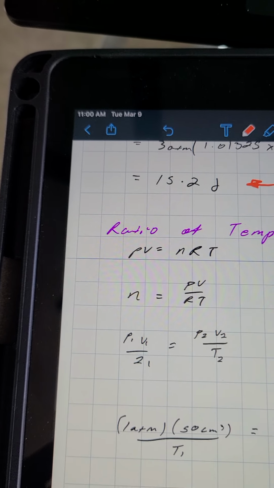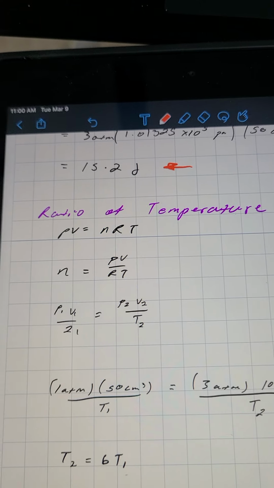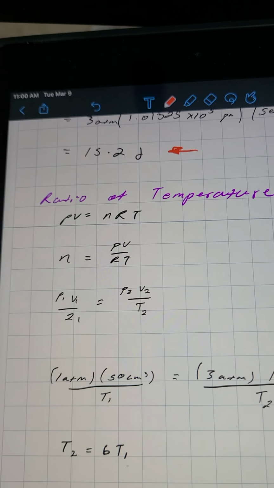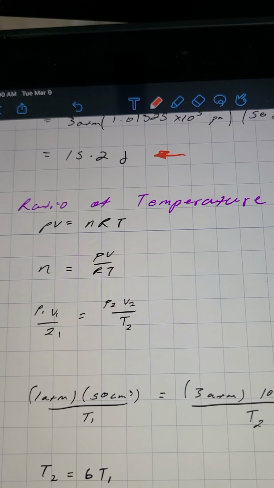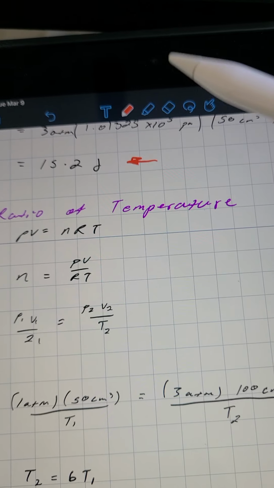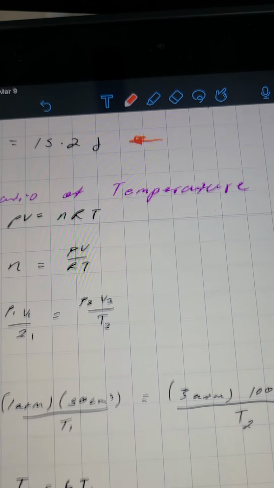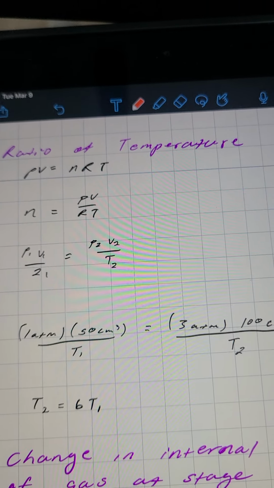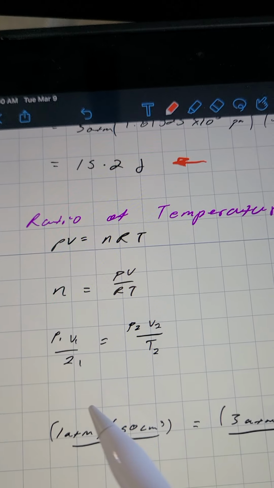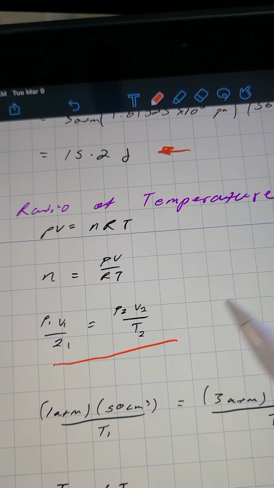Now we need to calculate the engine's thermal efficiency, but in order to do so, we have to first calculate the ratio of temperatures, just in order to progress here. So our ratio of temperatures is going to be this equation here.